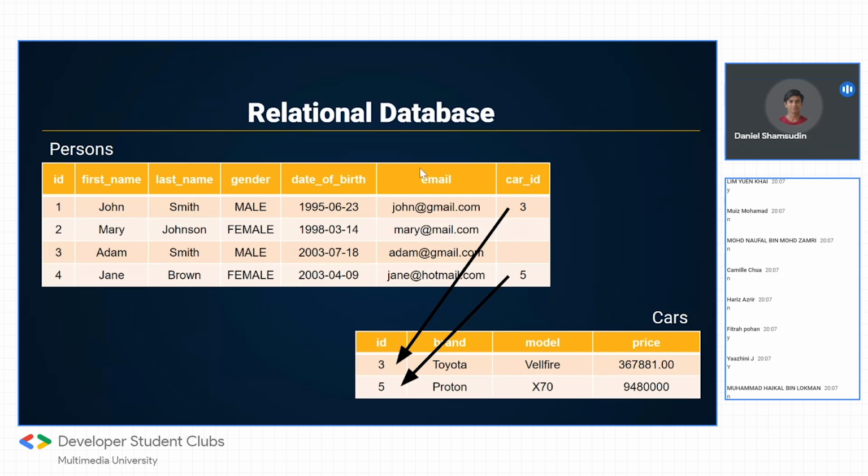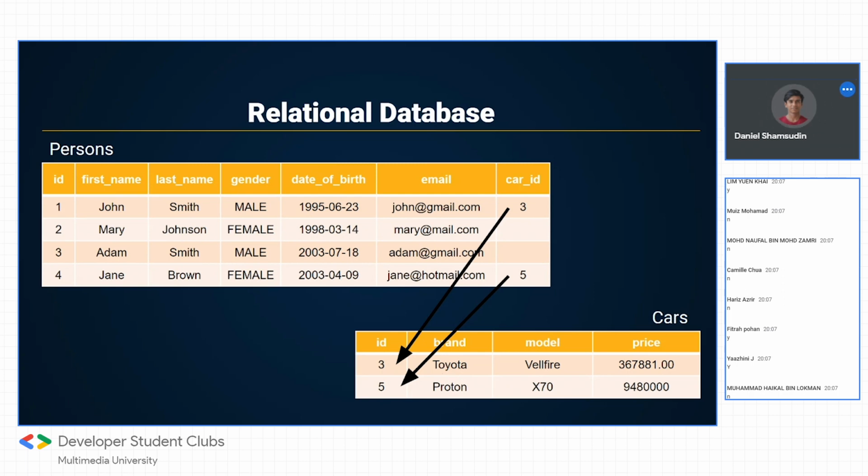This car ID in the persons table is actually referring to the ID in the other table. So in this context, we can say that John Smith owns a Toyota Bellfire, and Jane Brown owns a Proton X70.